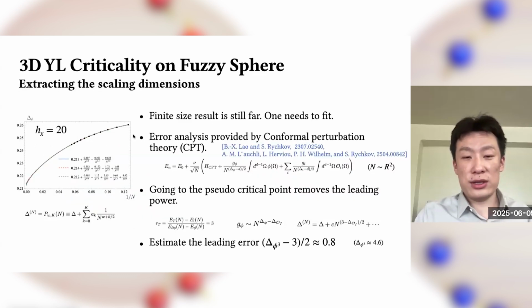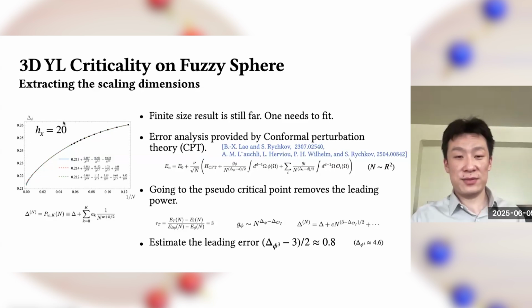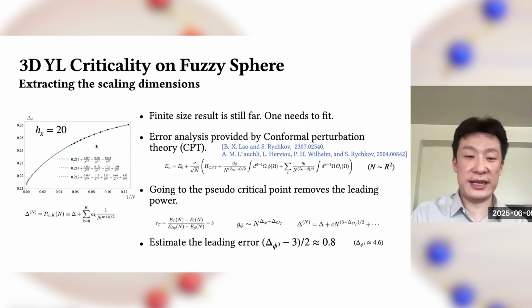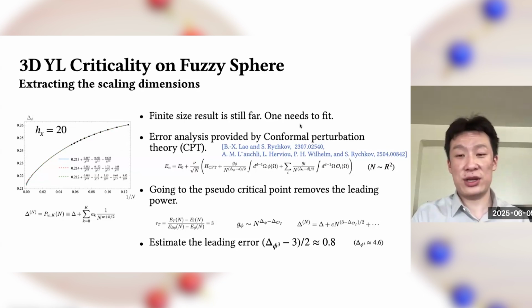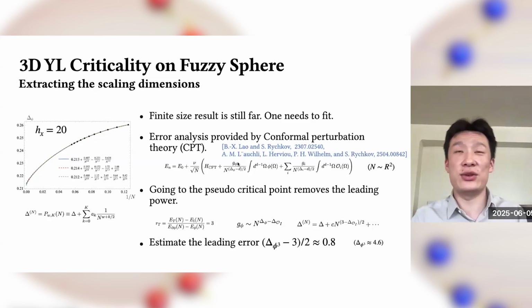So now let's talk about how we treated the finite size scaling of the scaling dimensions. Here I will present a very, very humble way of using conformal perturbation theory, not trying to do an overall fit that corrects the finite size error. Instead, we're just using this as an argument to see what the leading power of convergence is.